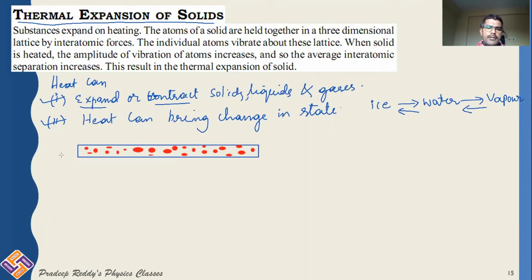Now what happens is when you are providing heat energy to this system, this is the heat reservoir. A heat reservoir is that which reserves heat energy and transfers heat energy to the substance. A stove can be considered as a heat reservoir, a heater can be considered as a heat reservoir. So this rod is in contact with the heat reservoir. Now the atoms which are initially at this end will be absorbing heat energy, and they transfer heat energy to the next atom.